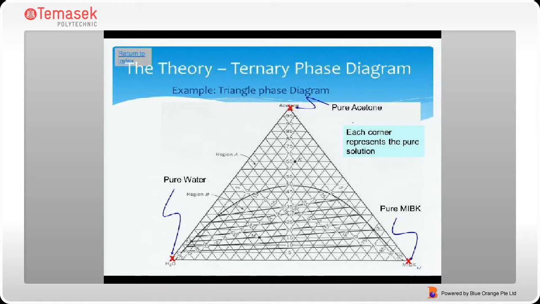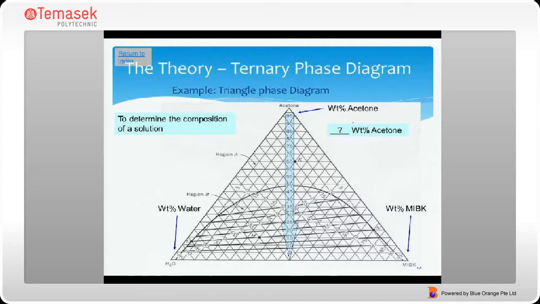For this system here, we consider water and methyl isobutyl ketone, or MIBK for short, as the two insoluble components. Acetone is soluble in both water and MIBK. Each corner represents the pure component. Now, what if the solution is a mixture of the three components?